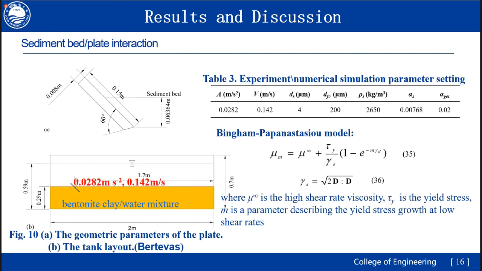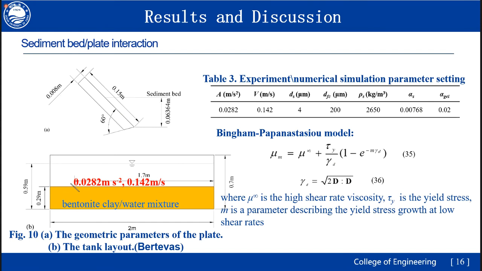Next, we focus on this curve of the C5. Bertwick did such an experiment in Singapore. This experiment was carried out in this tank, and the bentonite clay and water mixture is here, almost 30 centimeters.